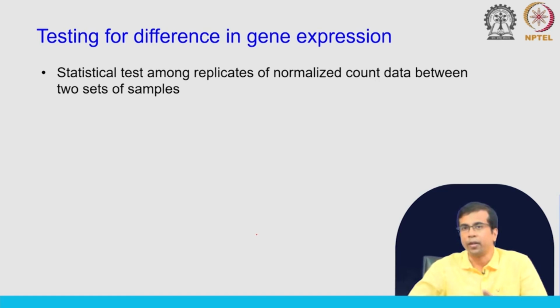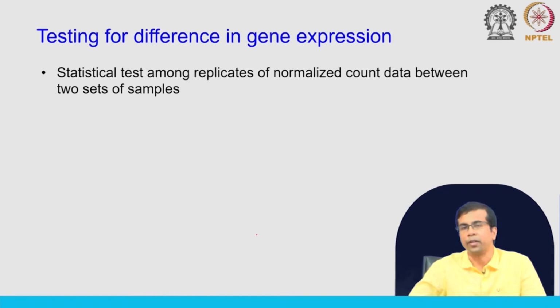Again, it will be better to have more replicates, but these experiments are expensive, right. Doing RNA-seq is expensive. So, we settle for 3 to 5 replicates per sample, right. We cannot have more than that usually. So, this is something we need to keep in mind, because this will come up later on.